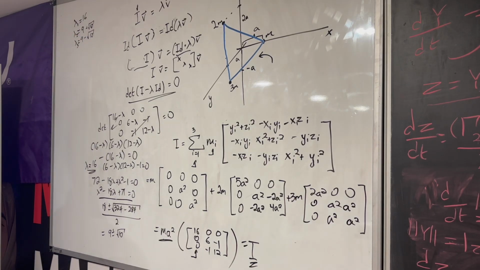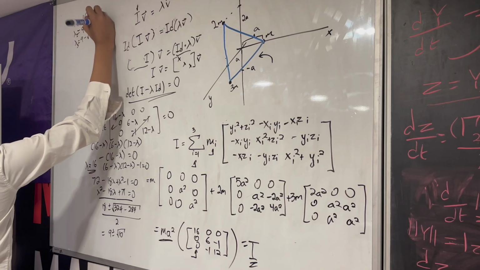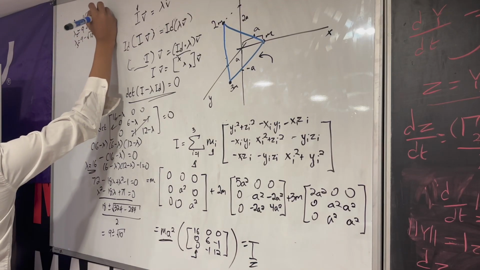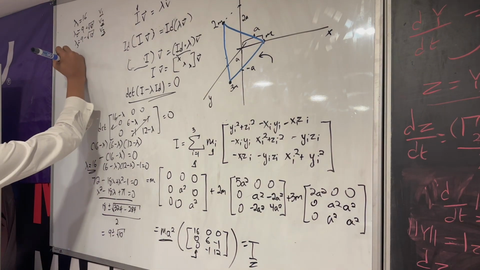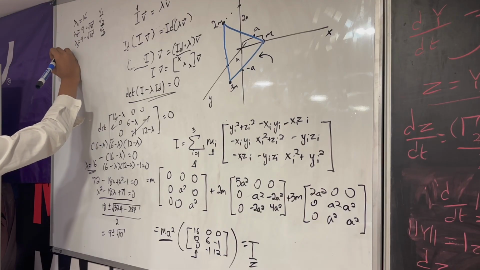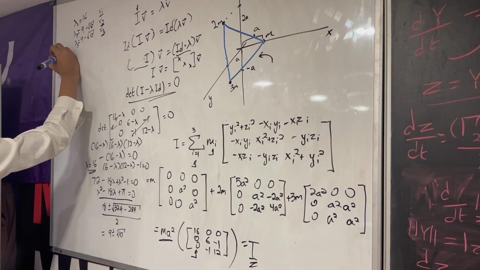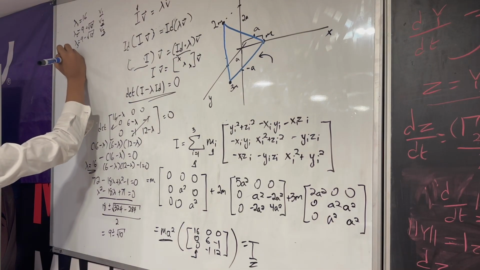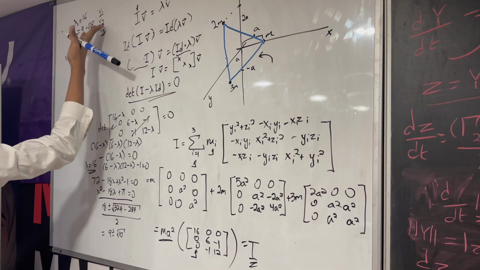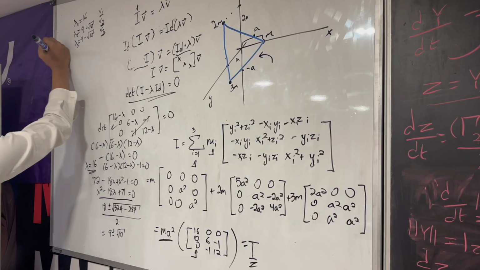So now we want to see if the eigenvectors generate. To do that, we have to solve a system of equations for each one. So let's call our vector v1 for the first one, v2 for the second one, v3 for the third one.